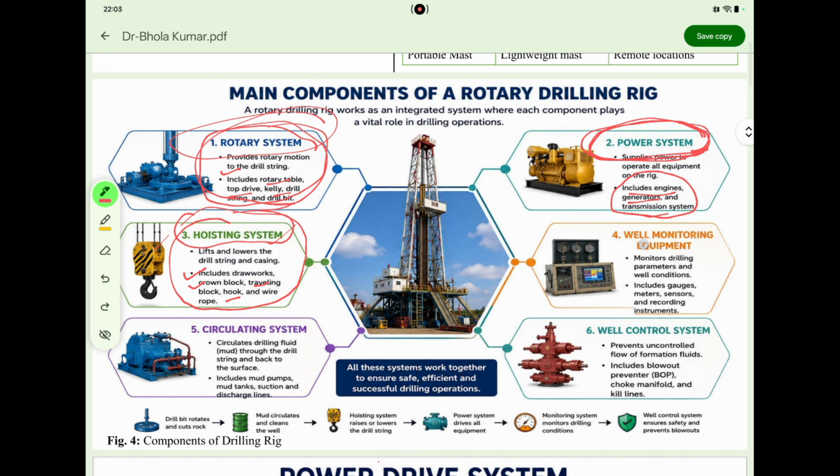Now the next thing is well monitoring equipment. What does the well monitoring system mean? You are performing a task, the drilling operation.